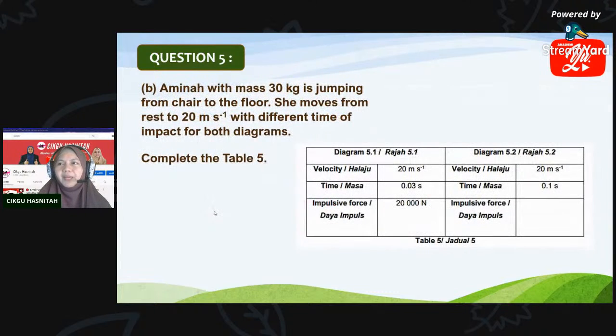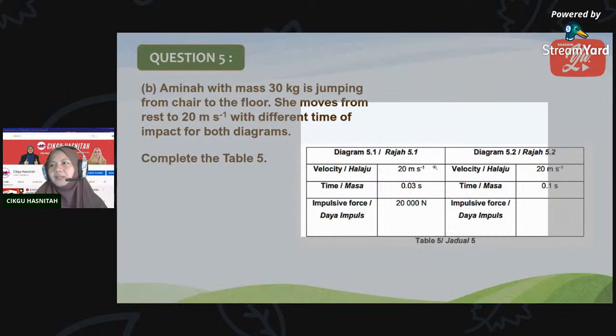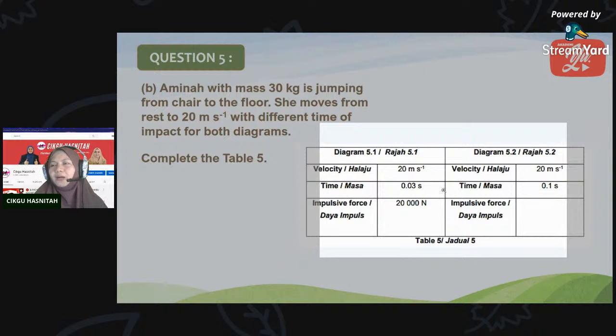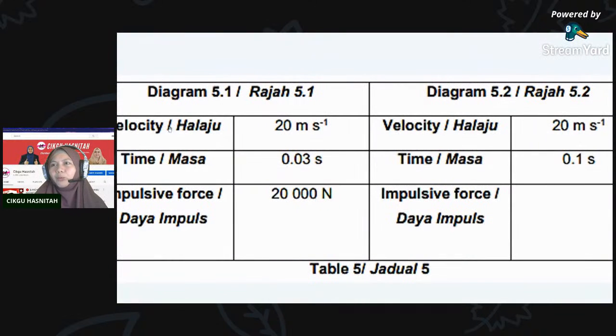Okay, then question B. Amina, given her mass is 30 kg, is jumping again from the chair to the floor. She moved from rest to 20 meter per second with different time of impact for both diagrams. So this is the table you are given, where you have to complete them. First, this is her motion in diagram 5.1.